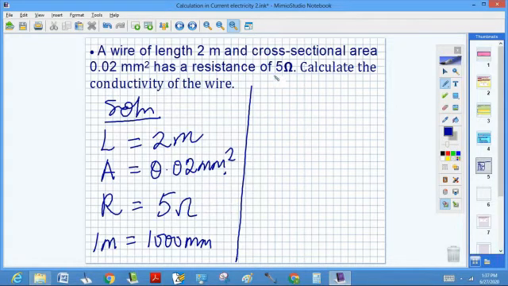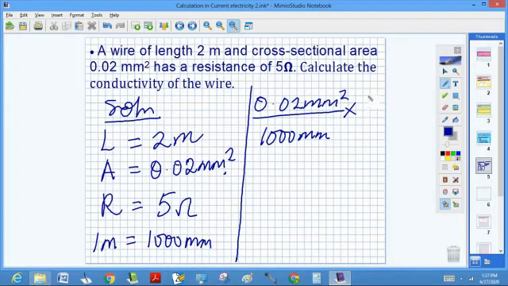So to convert 0.02 millimeter square, it will be divided by 1000 millimeters times 1 meter, this raised to power 2 and that raised to power 2.